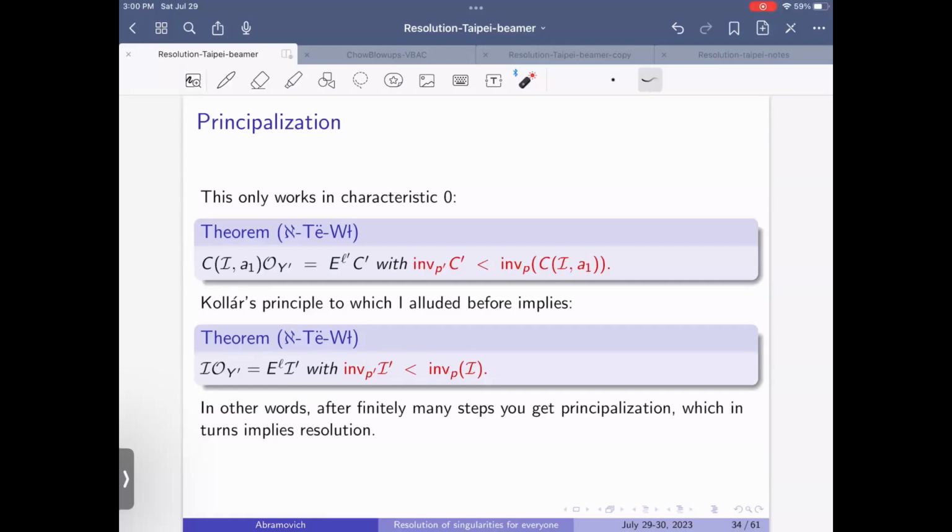Therefore, this can happen only finitely many times. And when I'm done, the thing is resolved. Maybe even more convincing is if you sit down and do the examples by hand and see, in fact, that the invariants drop and things get truly better at each step.